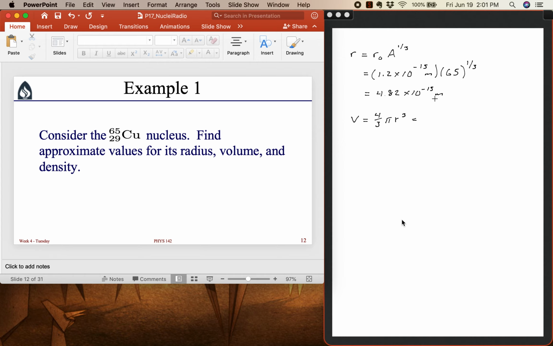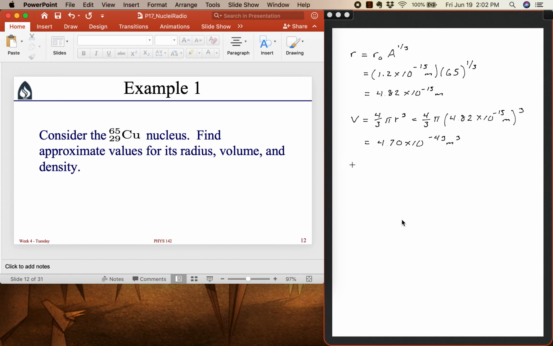So if we put in the number that we get for the radius, that would be 4/3 pi times 4.82 times 10 to the minus 15 meters, and then that value gets cubed. So we end up with a volume of 4.70 times 10 to the minus 43 cubic meters. So really, really tiny.